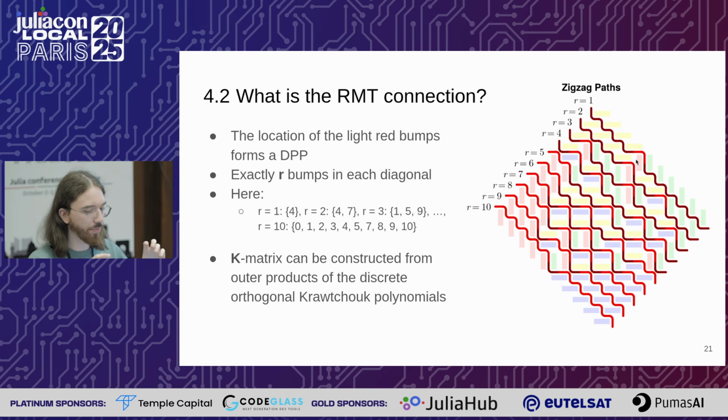The second one would be a set containing 4 and 7, and so on. And those are actually the K-DPPs I talked about before. Again, this K-matrix can be constructed from outer products of discrete Krawtchouk polynomials. I won't go into too many details, but again, we see that something really interesting happens if you construct a K-matrix from orthogonal polynomials.